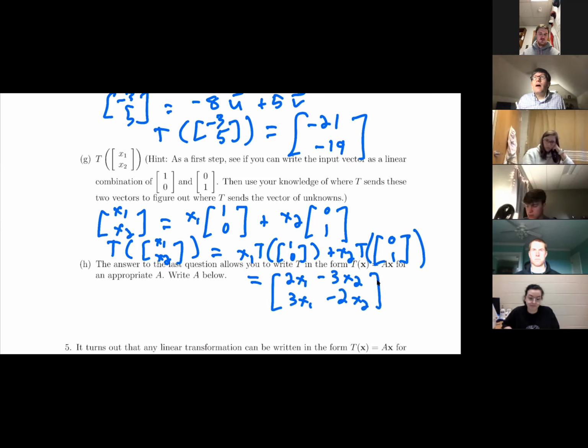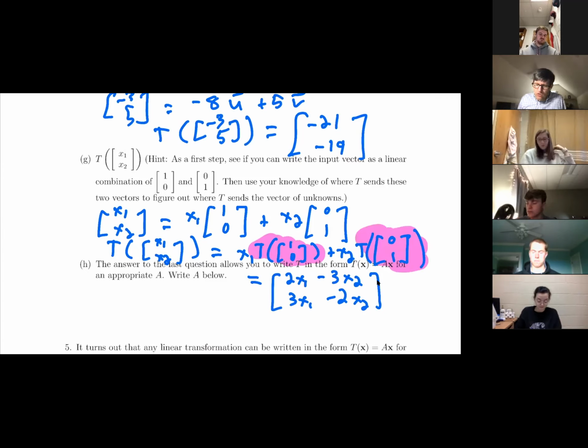Good. Did any other group get this far? Okay, so I see at least one nod. So Drew, did you guys get the same thing? Okay, cool. So I'm just going to highlight this. This thing right here is T of u, which we know. And this thing is T of 0, 1, which we computed in an earlier part.